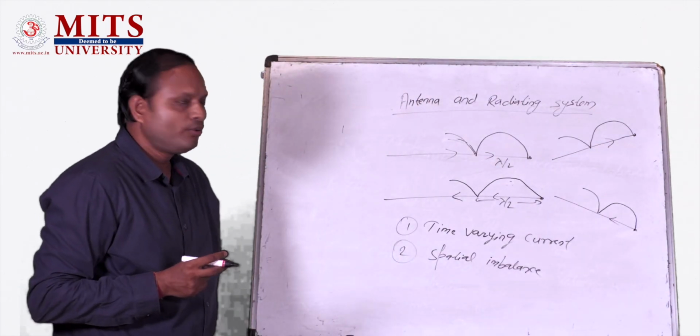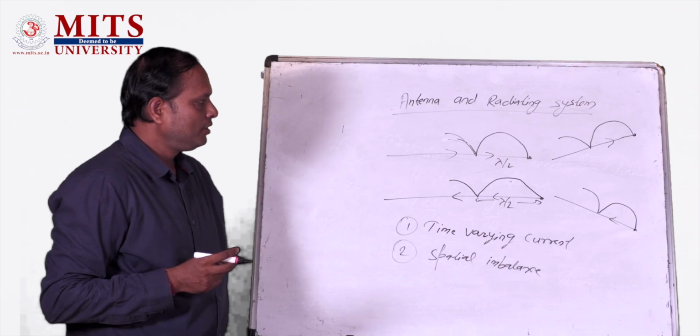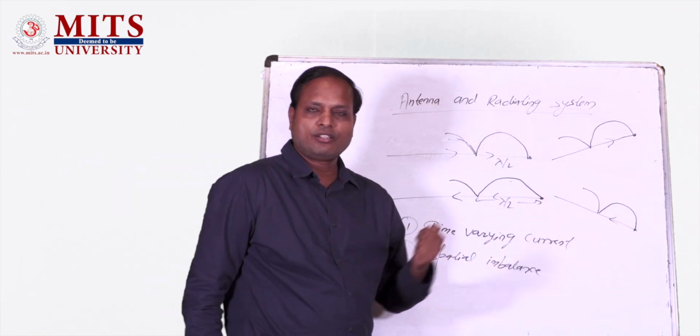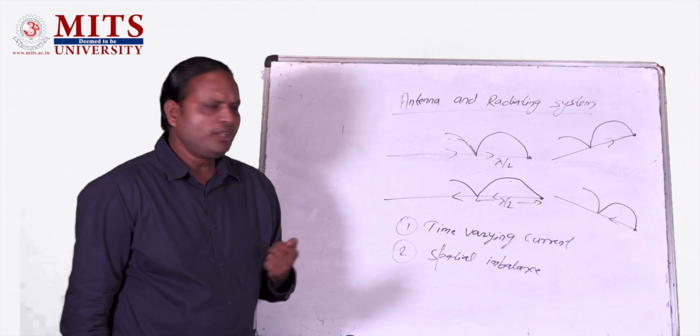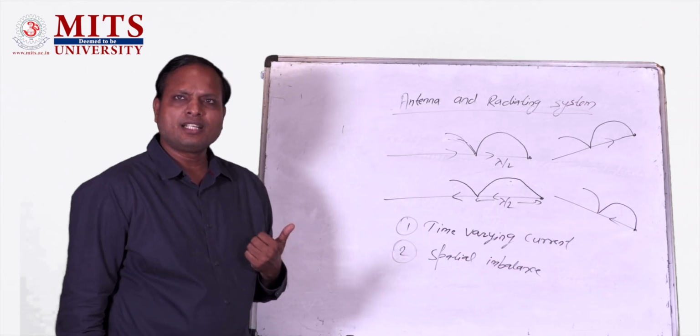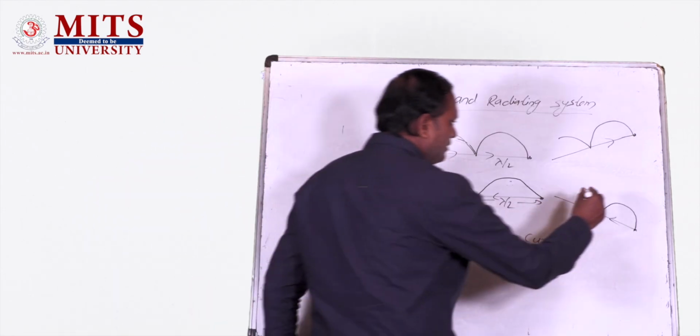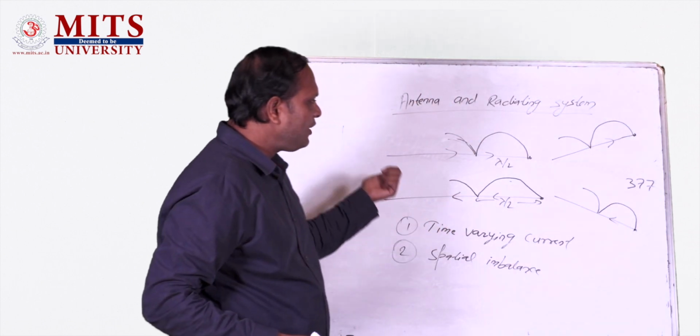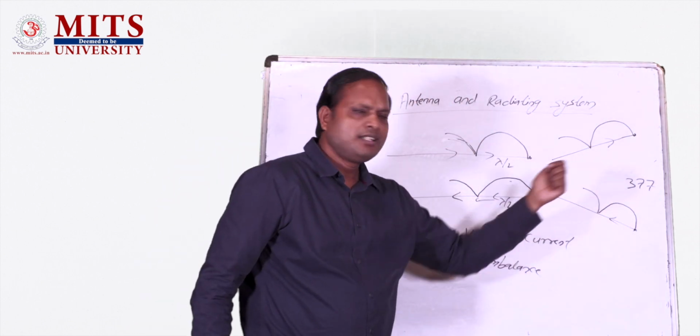So now, this structure basically sees a matched load. And we know free space has an intrinsic impedance which is nothing but 377 ohm. So this structure tries to match with this impedance.